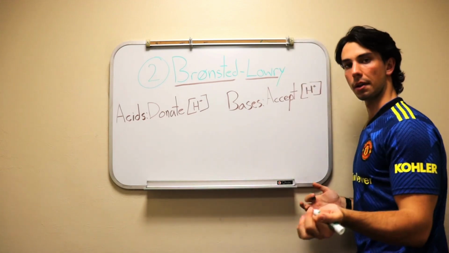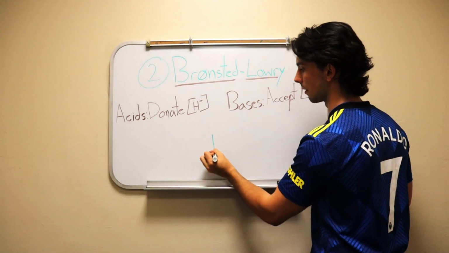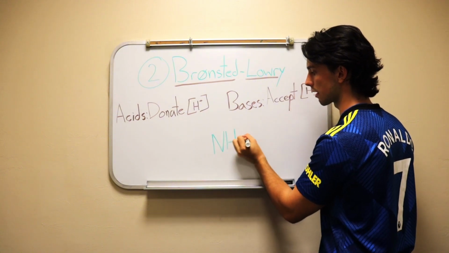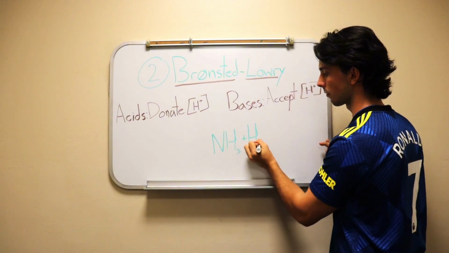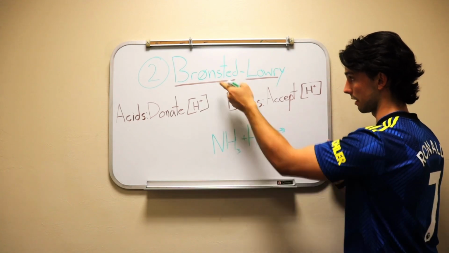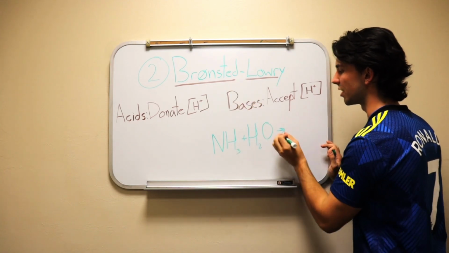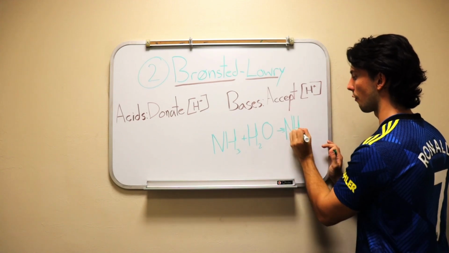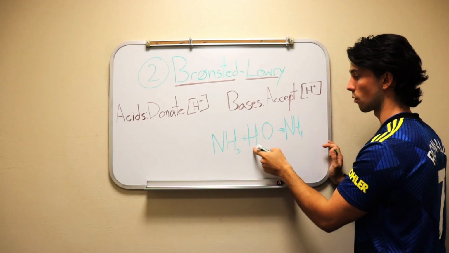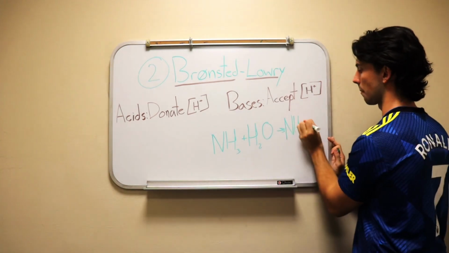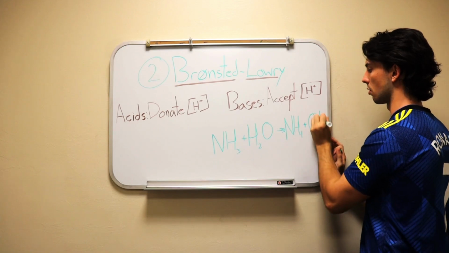In this example, we can take NH3, and when we mix that into water, it's not going to give away one of its hydrogens. In this case, as the base, it's going to accept one. So this will turn into NH4, and if we take one of the hydrogens away from water, all we're left with is hydroxide, OH.